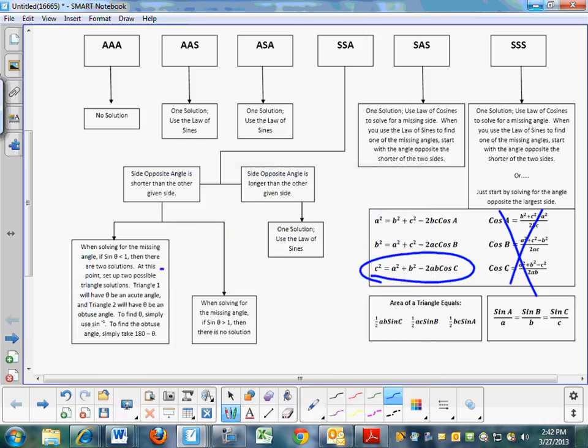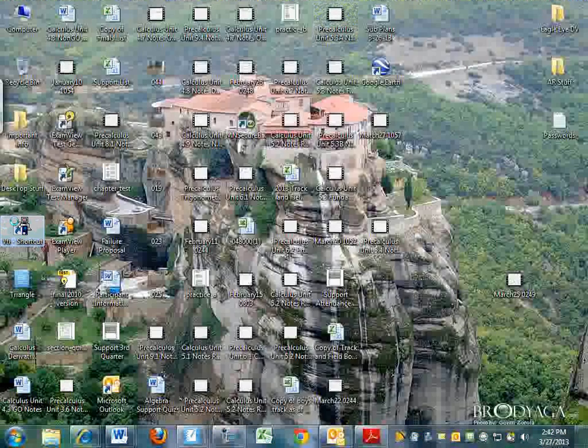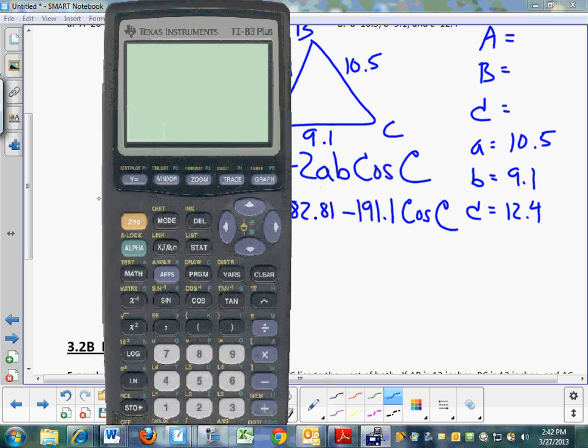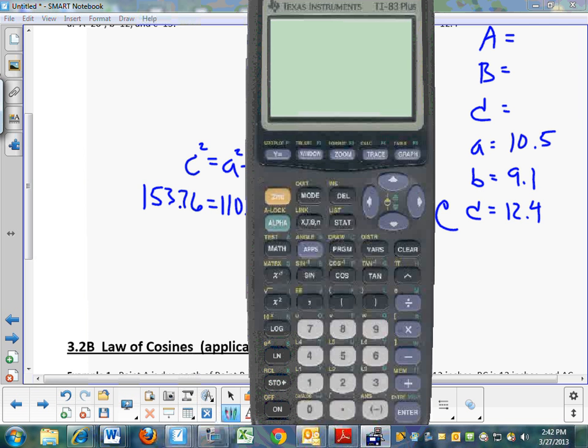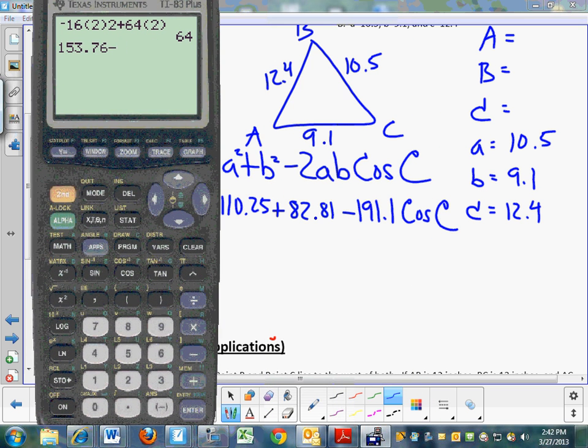So if we take out our calculators: 153.76 minus 110.25 minus 82.81 equals negative 39.3.